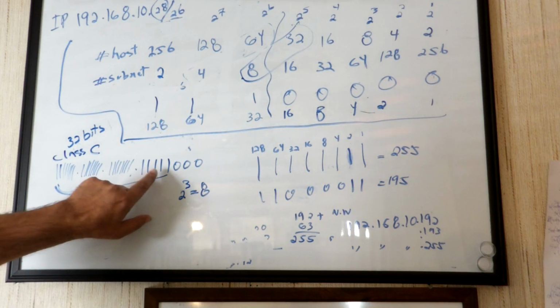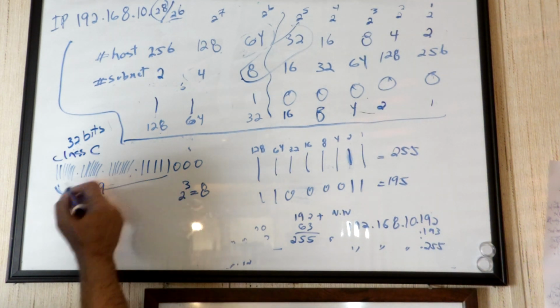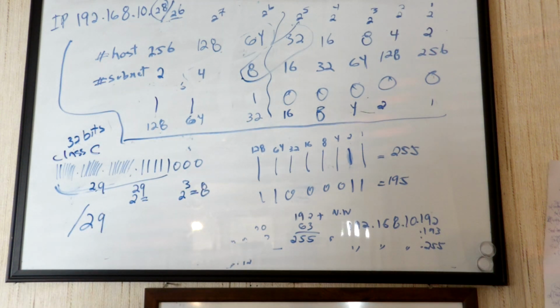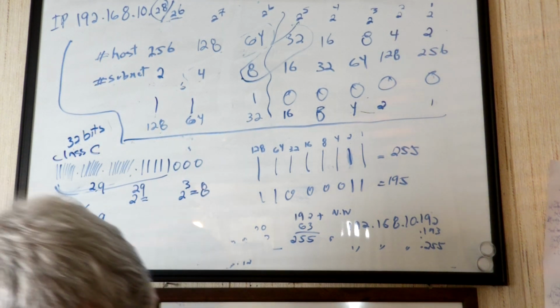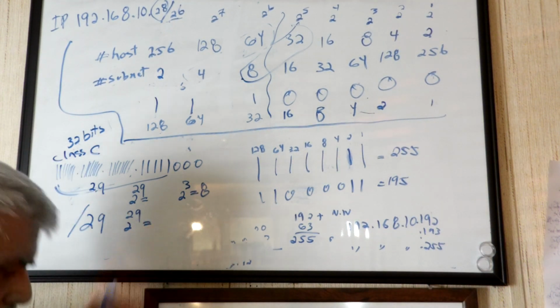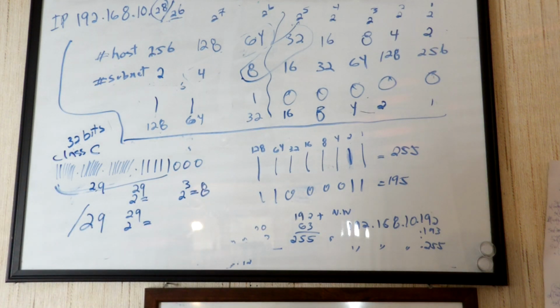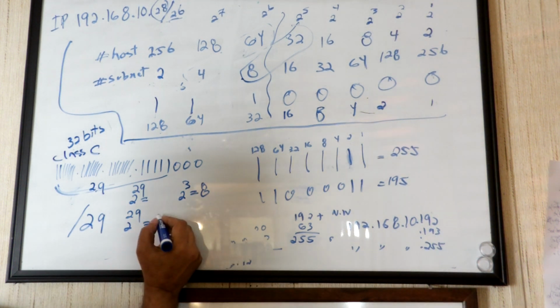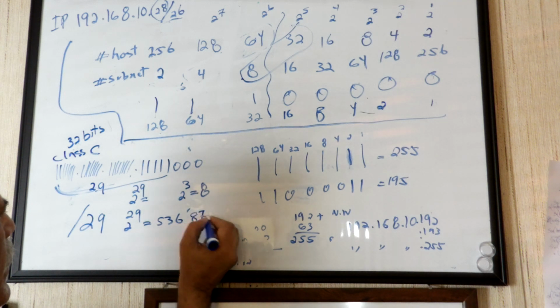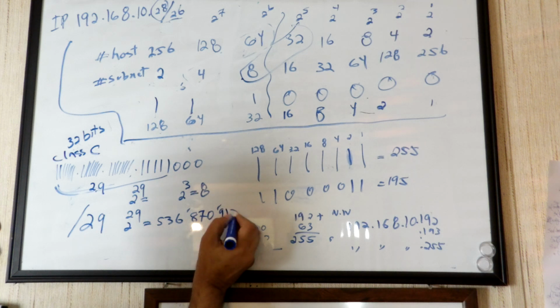And 2 to the power of the rest of it, 29. 2 to the power of 29 you can find with a calculator; it is 536,870,912.